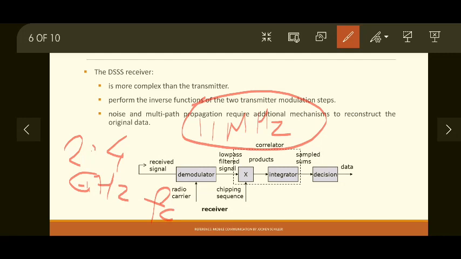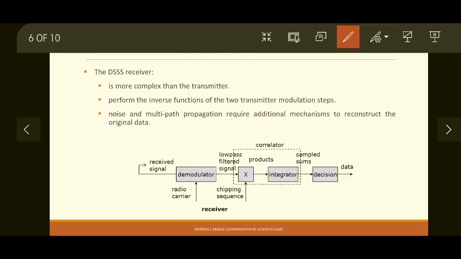So this 11 megahertz signal obtained at the output of the demodulator is then given to a block called a correlator. Now correlator is a term that you will also see in DSP. Correlator means it will simply compare the demodulated signal with either 0 or 1. 0 will be represented by a certain amplitude level and 1 will be represented by a certain amplitude level.